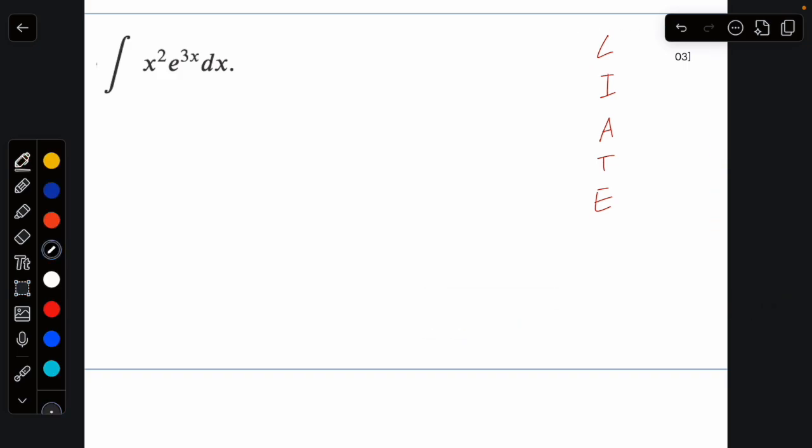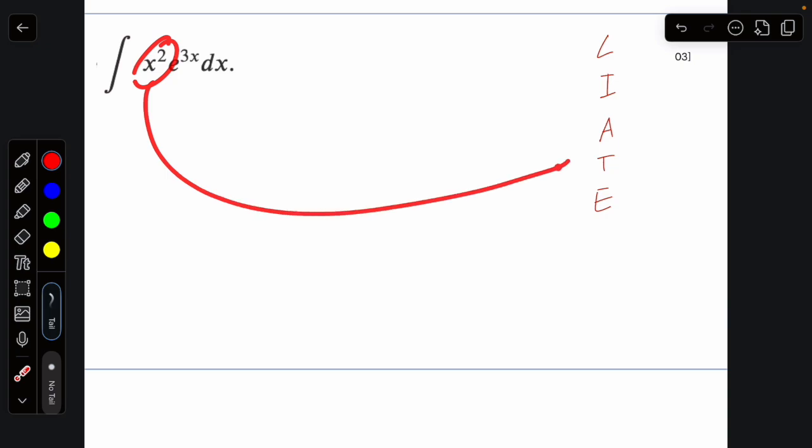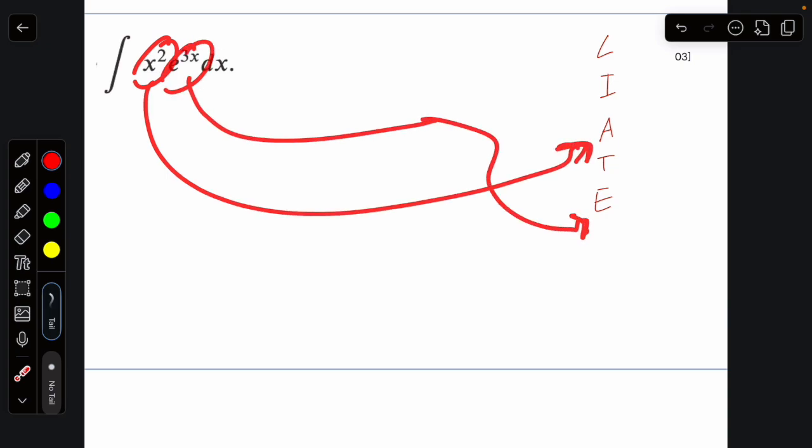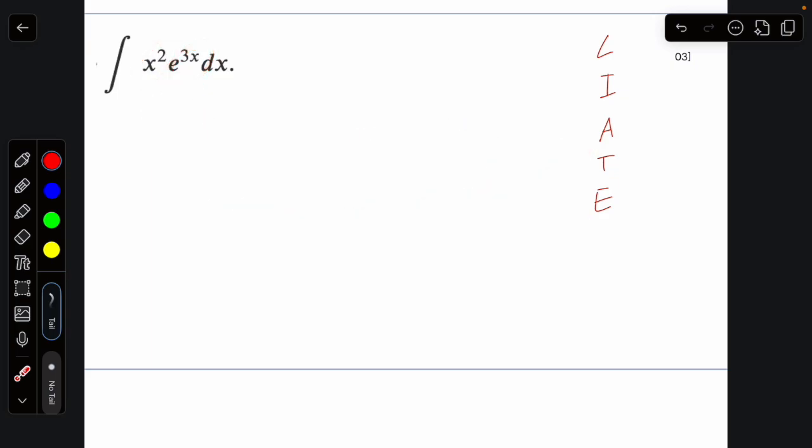We've got an algebraic function, and we've also got an exponential function. So therefore, we're going to let u equal x squared.